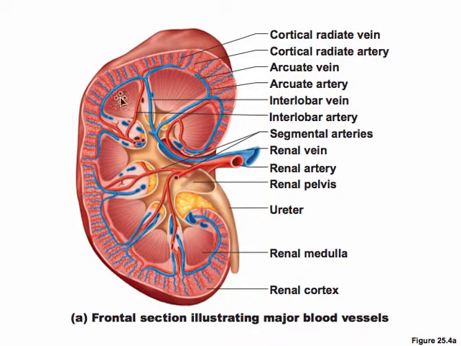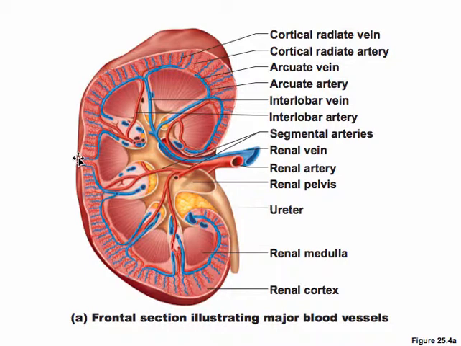Here's another picture, and so let's just run through that again so we could see it in a kidney. So here's the renal artery. It branches into the segmental, then it branches into the interlobar, then it branches and wraps over the pyramids as the arcuate. I remember, and I circle arc, remember it's an arcing vessel, to the cortical radiate arteries. Those are going into then the afferent arteriole. It forms the glomerulus.